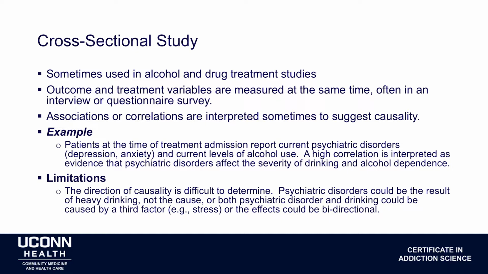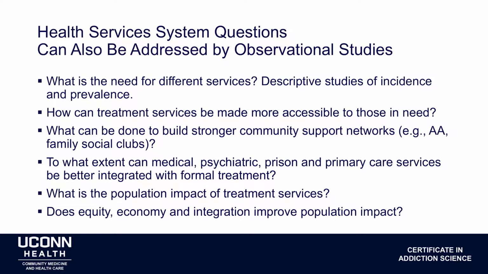Another value of observational research is to describe the treatment system and the things within that treatment system that are contributing to better outcomes at the population level. And descriptive approaches like observational studies can also be used to characterize the people who are in need of treatment.